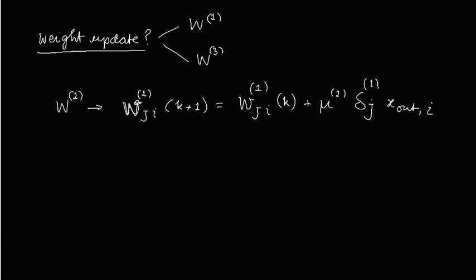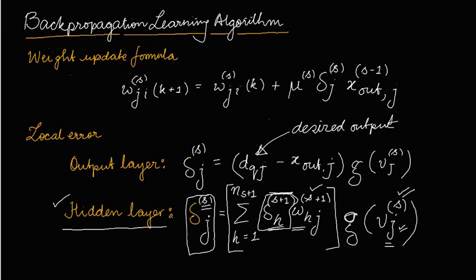Here, as per the formula, we have seen that this will be delta j at the first layer, and x out at the third layer, meaning s.